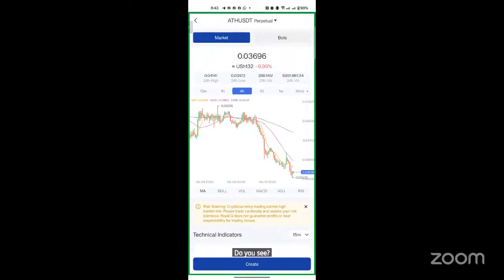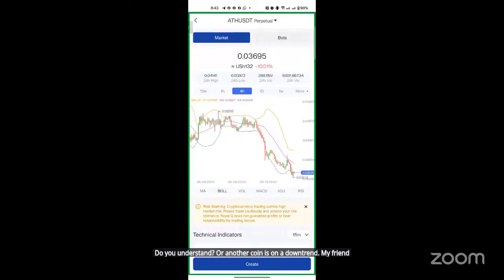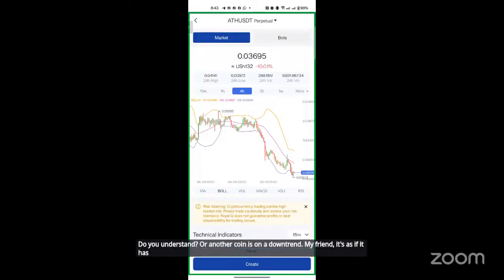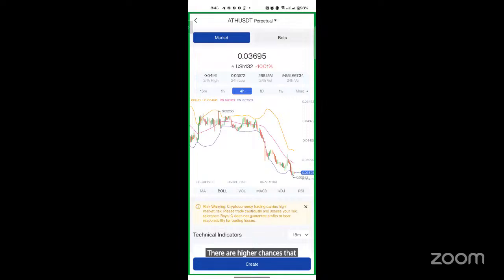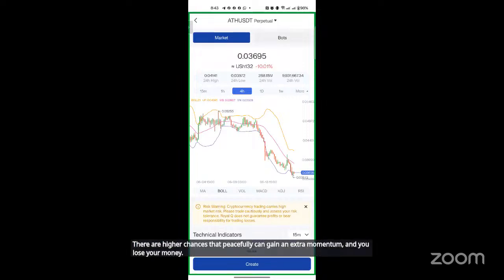The coin has finished everything. Although the coin is on a downtrend, do you copy, ladies and gentlemen? Do you understand? Although the coin is on a downtrend, my friend, it's as if it has exhausted everything. There are higher chances that this coin can gain extra momentum and you lose your money.